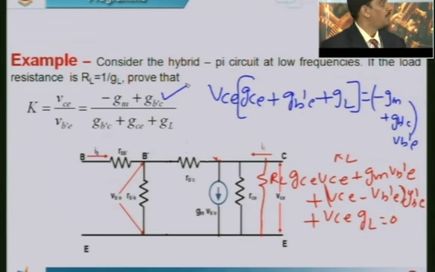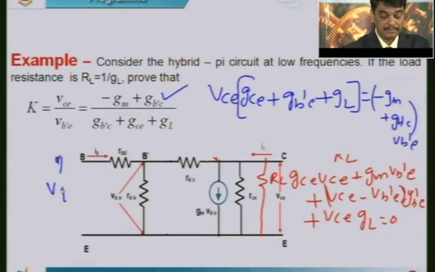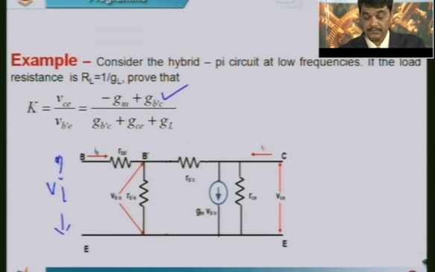Next question is, if some input voltage VI is applied at this point, what is the relation between the output voltage and input voltage, where VC is equal to V0 and the input voltage is VI? That is nothing but the voltage gain of the transistor. We already know the ratio VCE by VB'E.